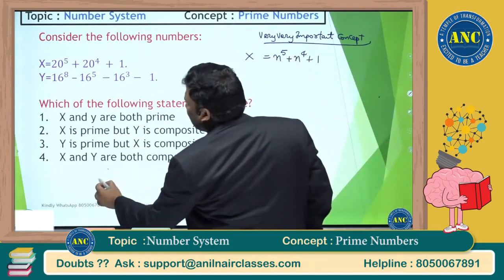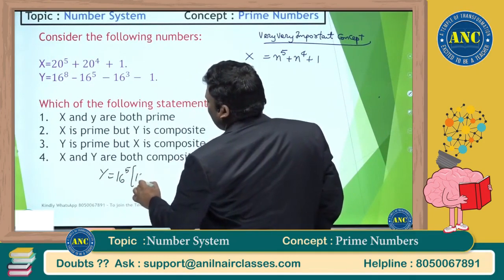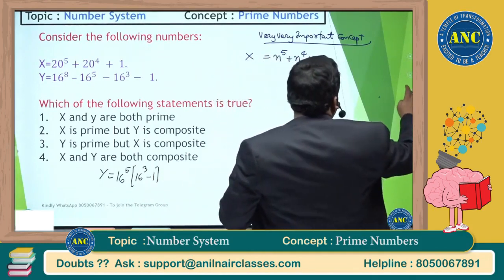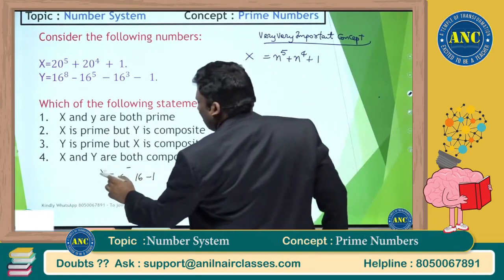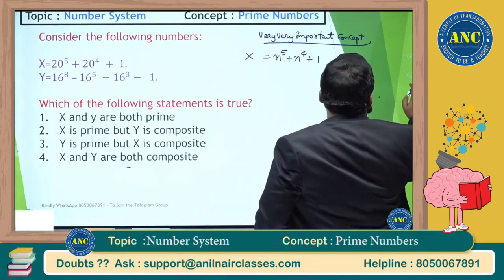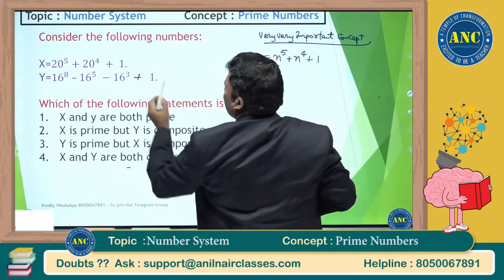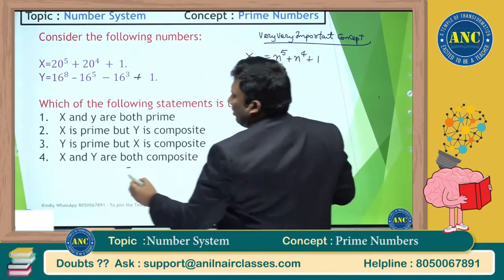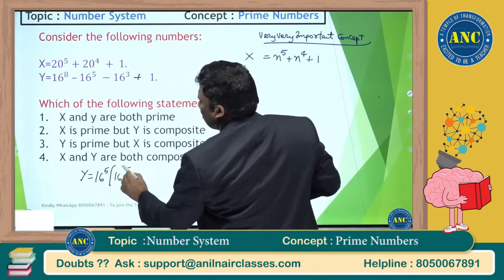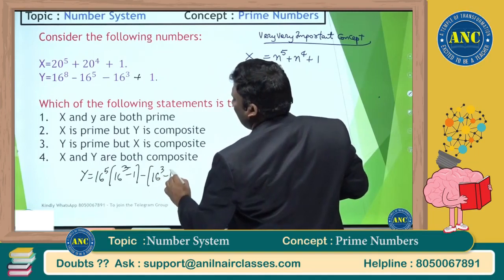Why is it easy, sir? If I take 16 power 5 common, 16 cube minus 1, these plus 1. So if I take y, 16 power 5 common, it is 16 cube minus 1, minus of 16 cube minus 1.